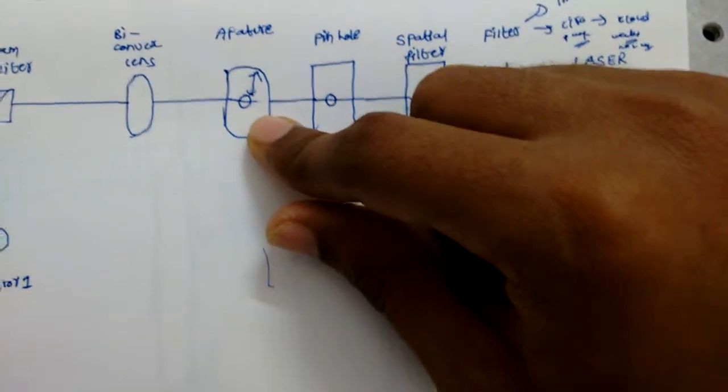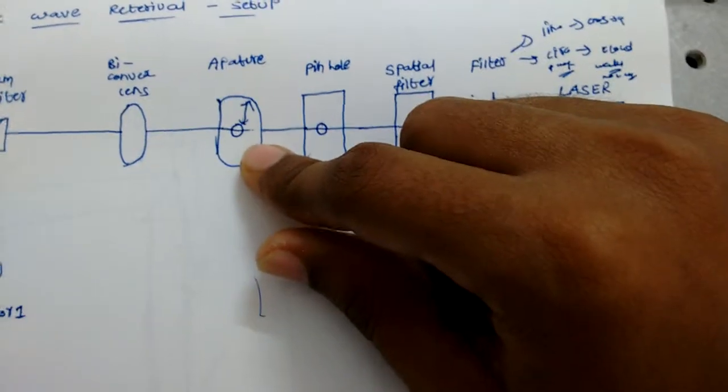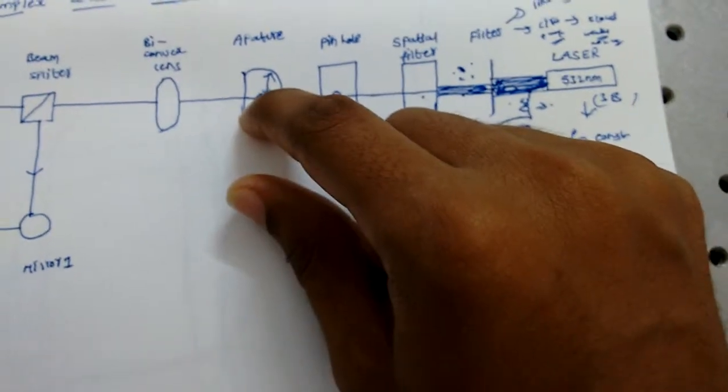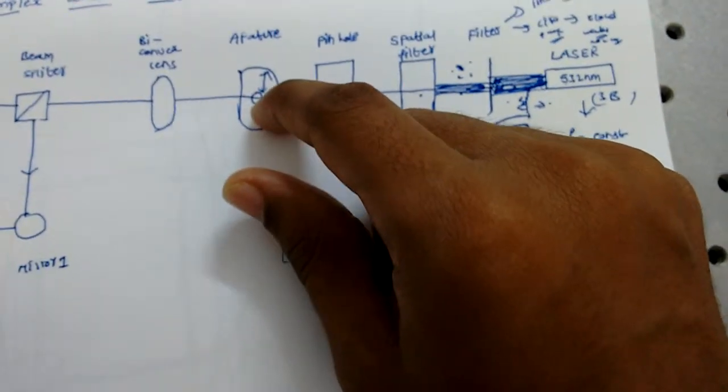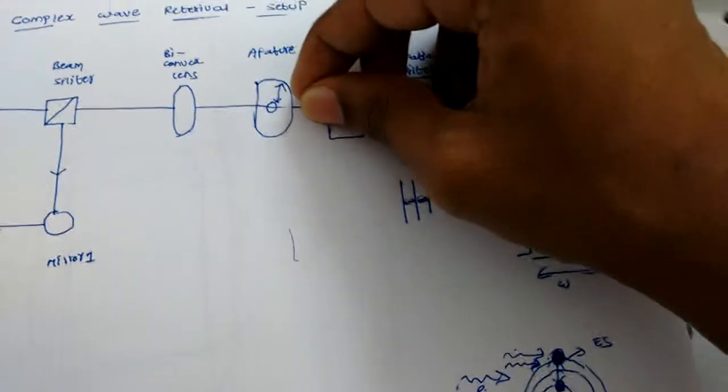An aperture is a hole or an opening through which light travels. That means the amount of light which we need to transmit. So we can choose that hole. It is variable like a pin, so we can vary that hole.